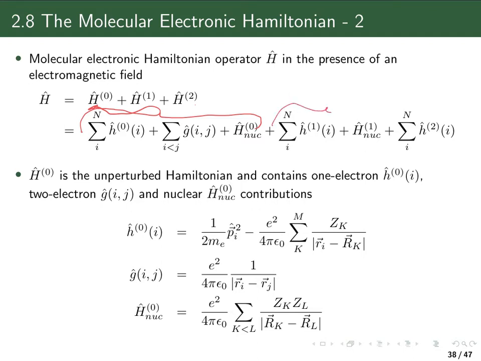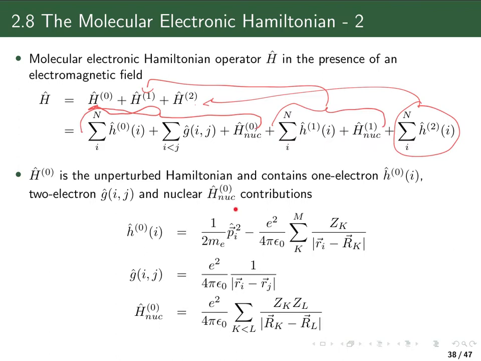Whereas these two terms form together the first order correction to the Hamiltonian, and finally this term here is going to be the second order correction to the Hamiltonian. In this part I have written up small operators h and g, and h first order and h second order; those are operators related to the electrons.